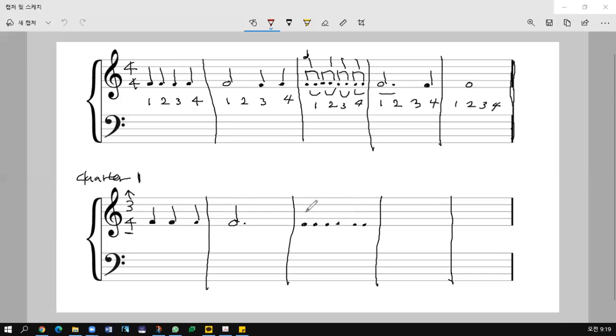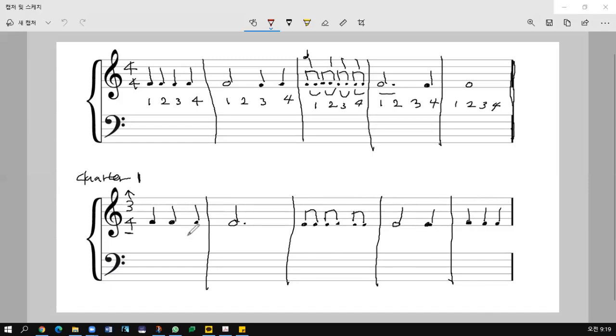And then how many eighth notes? 6, right? Because this is 1, this is 1, this is 1. So total is 3. If you want to use a half note and a quarter, then this is 3 too, right? And then 1, 2, 3 again.